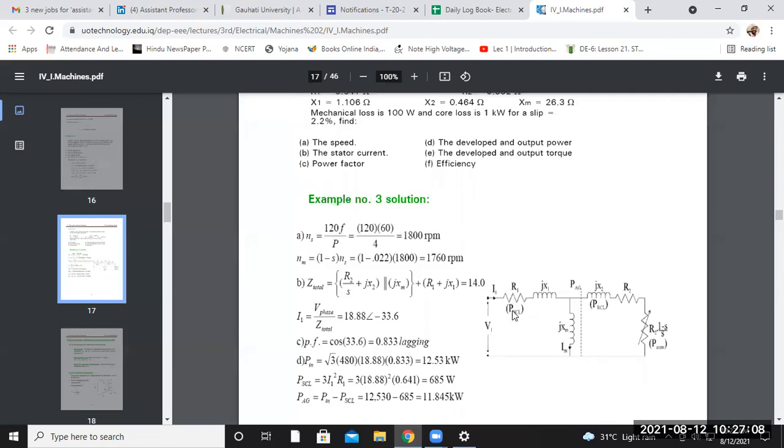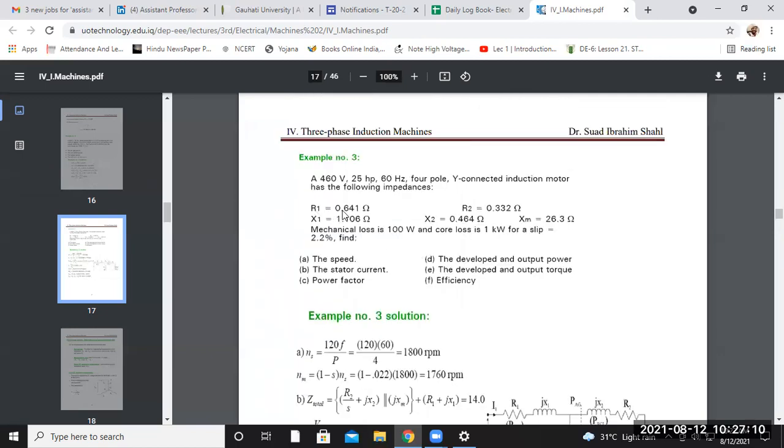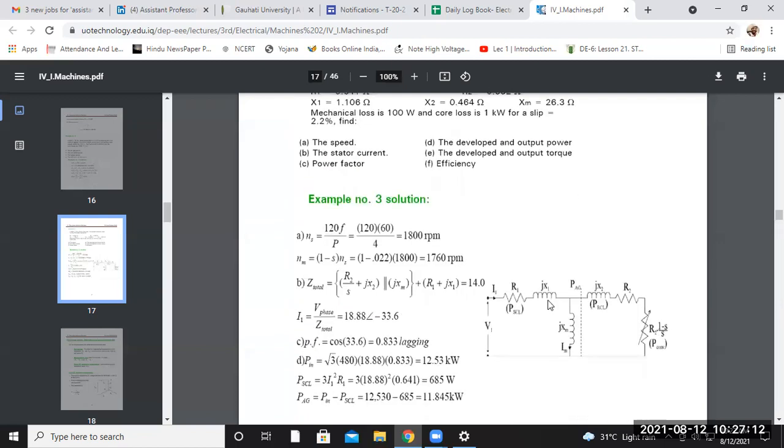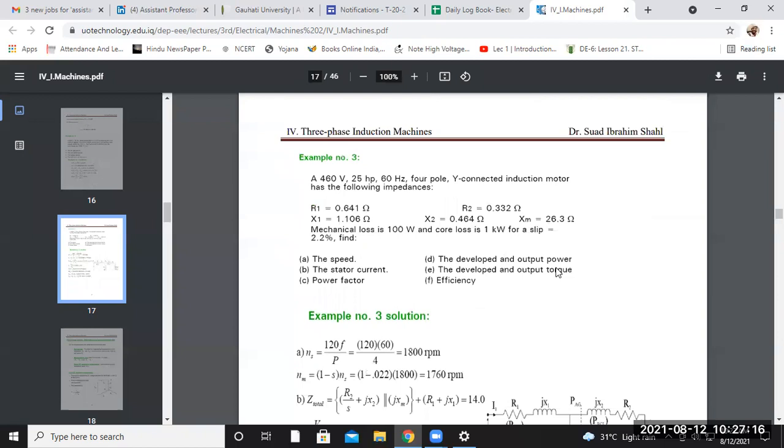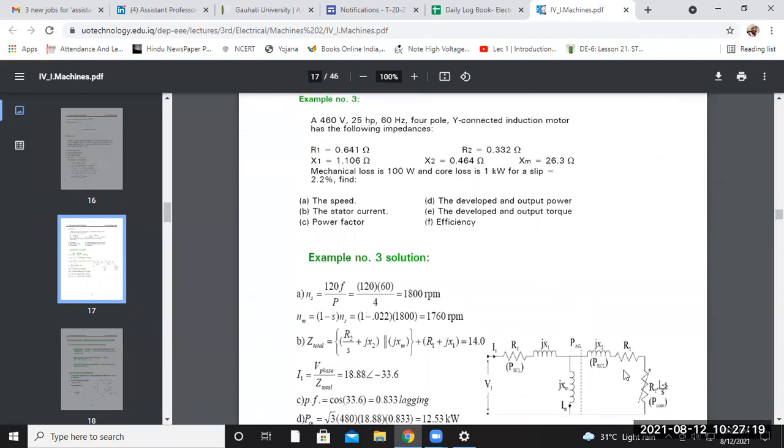R1, the primary resistance, is given. X1 is given, XM is given, X2 is given, and R2 is given, with R2 into (1 minus S) and the slip value. All the components are provided; only I1 and IM are absent.